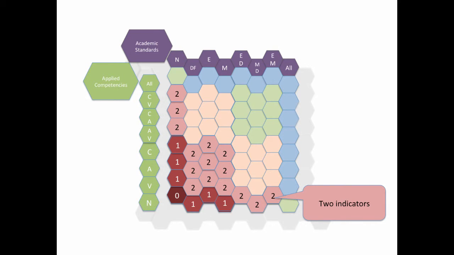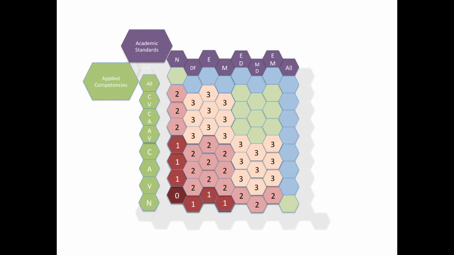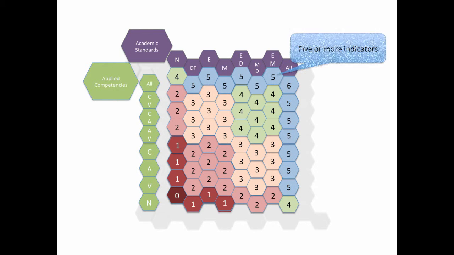And so your examples will be deployed along this matrix according to what you're showing. In a graphical way, it lets you see very quickly what needs to be attended to and whether you're making progress. When you have examples across both areas in that green level, you're going to be at level 4, and really at the mastery level, you'll have 5 or more indicators. There being 1 for 6, where you have all 6 of both the academic and the applied.